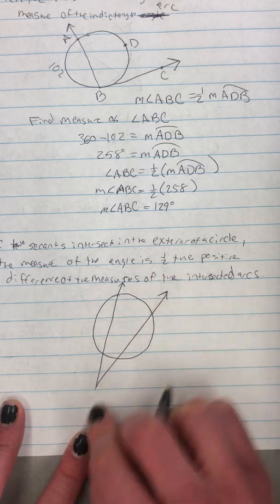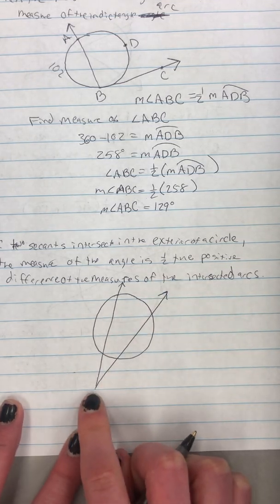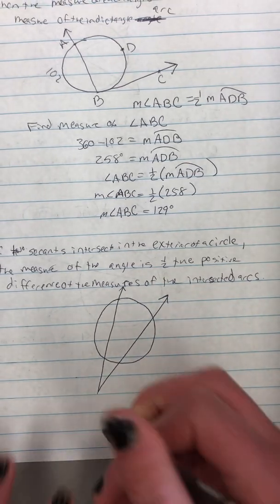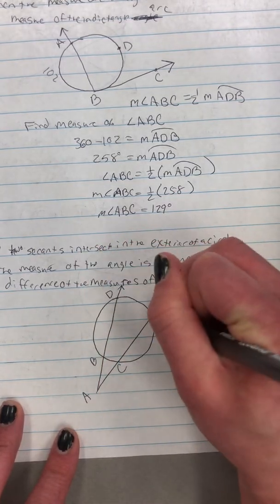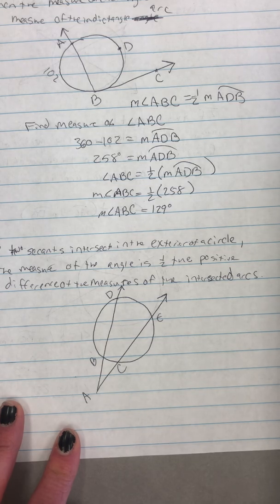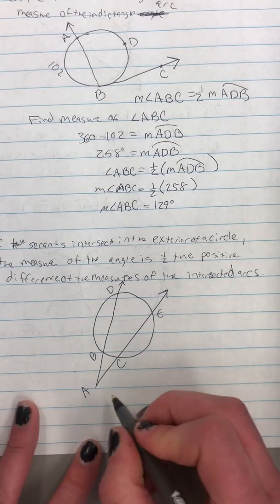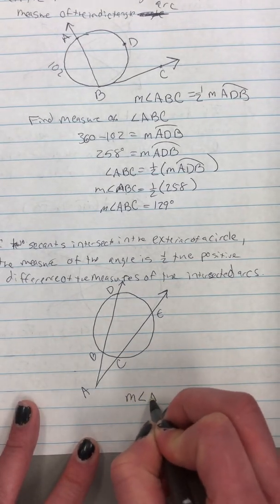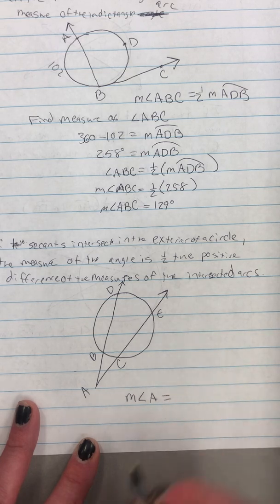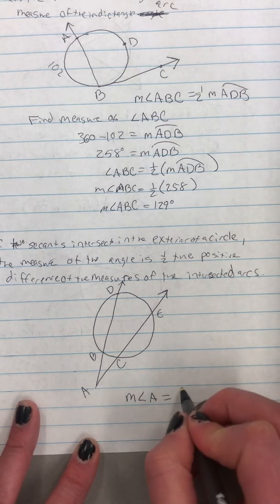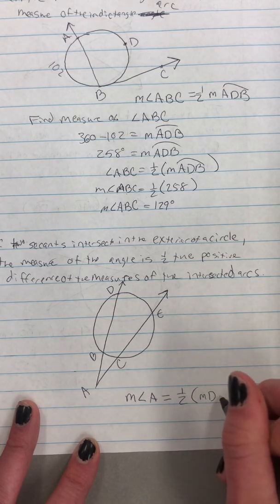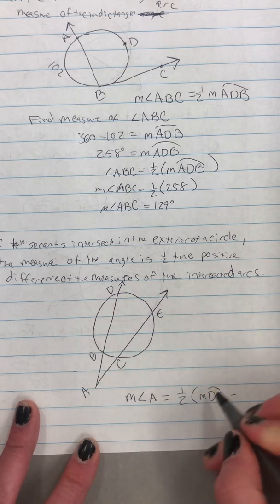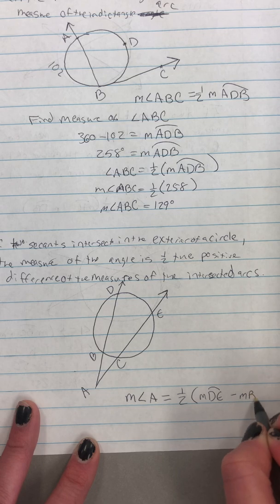So we have two secant lines and they intersect on the outside of the circle. This is going to be A, B, C, D, and E. The measure of angle A has to equal 1/2 the larger arc, or DE, minus the smaller arc, or BC.